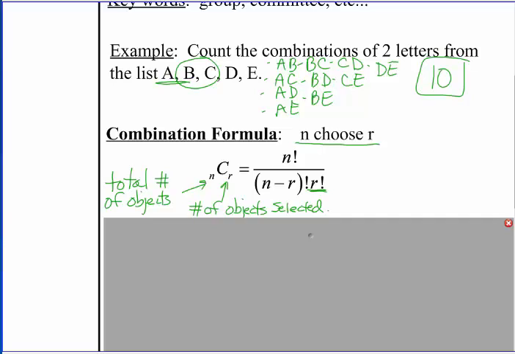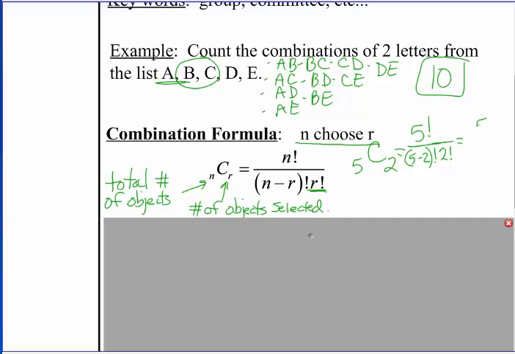So if we use this formula on the previous problem, there were 5 letters that we had in our list. We were choosing 2 of them. So 5 choose 2. So that'd be 5 factorial on top, 5 minus 2 factorial on bottom, times 2 factorial.